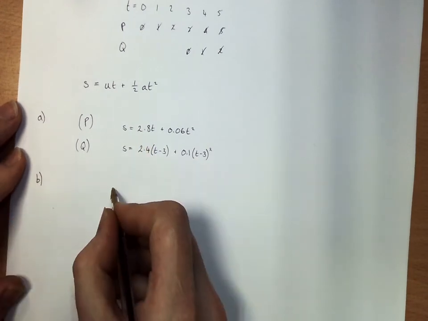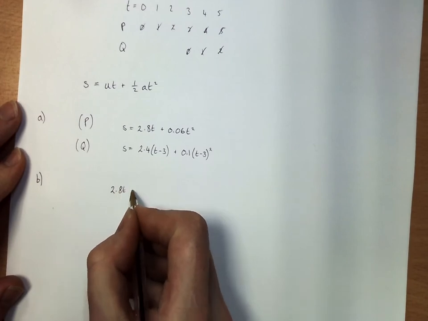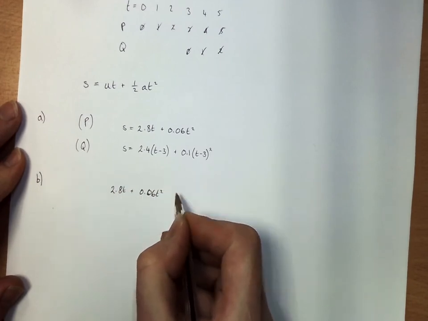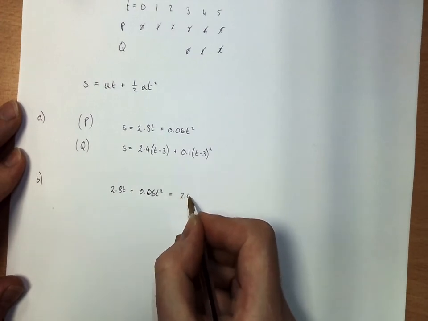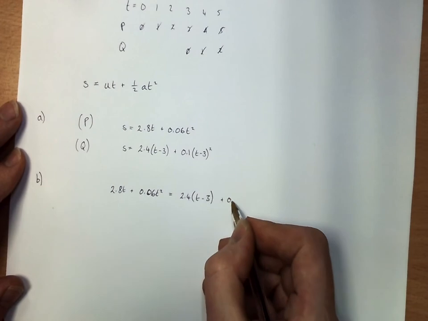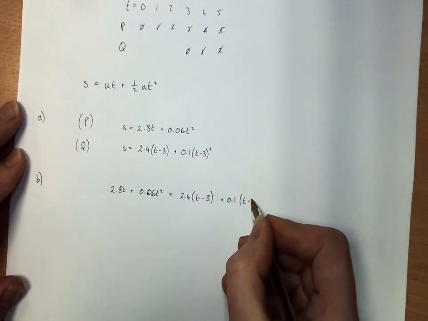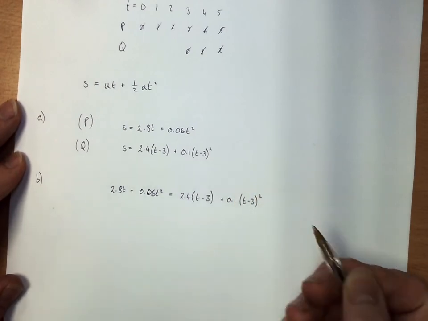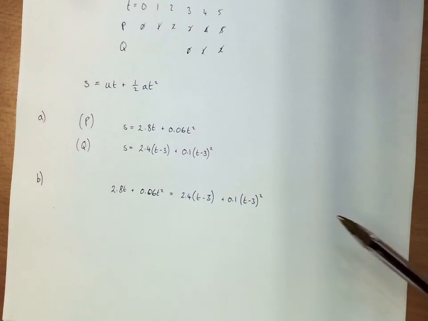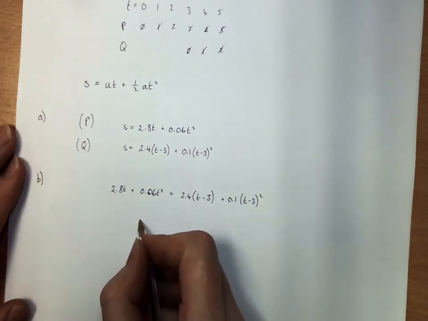So 2.8t plus 0.06 t squared is equal to 2.4 t minus 3 plus 0.1 t minus 3 squared. And I could expand that and show you that it gives the quadratic, and it does. So I'm just going to take that as given that you can do that.